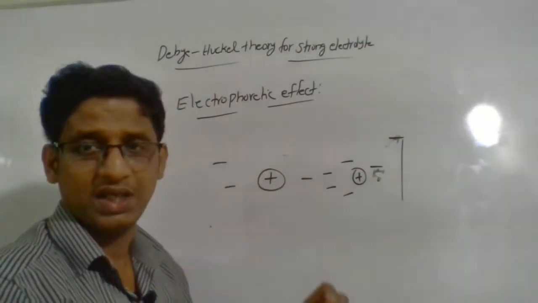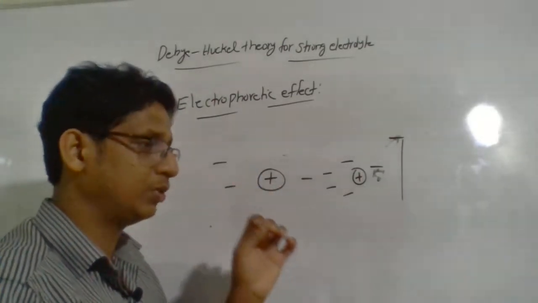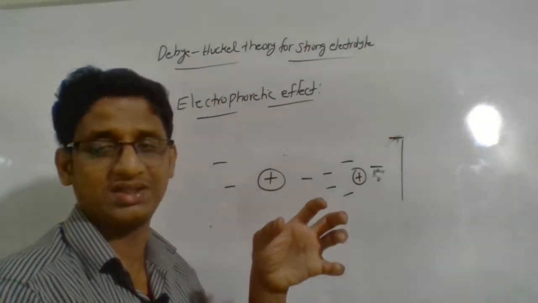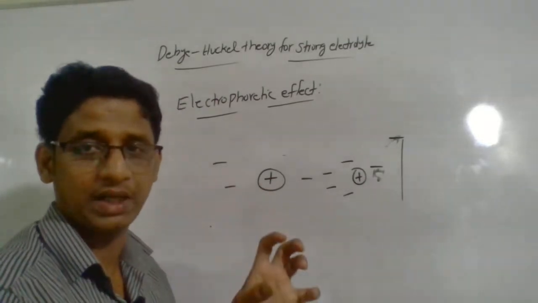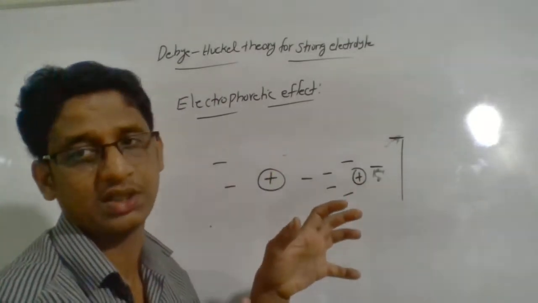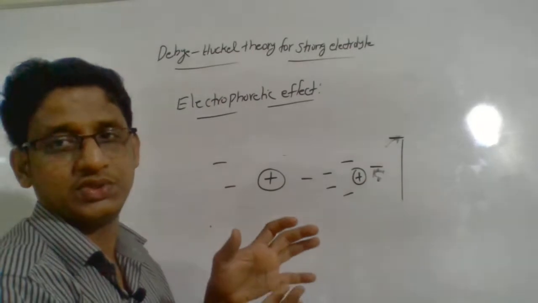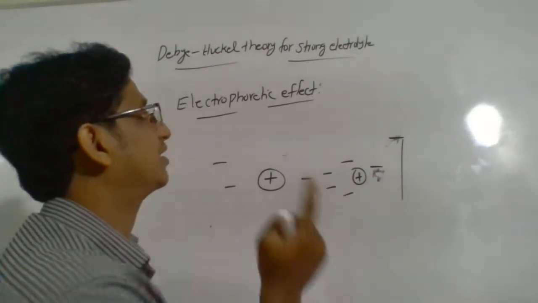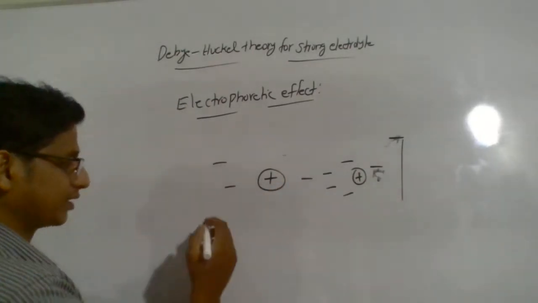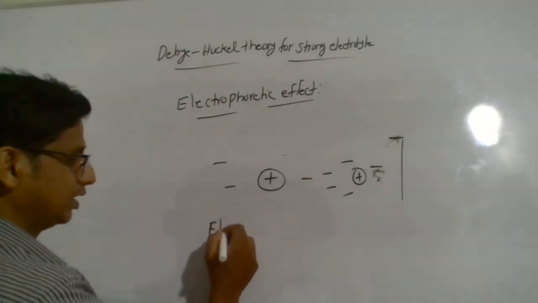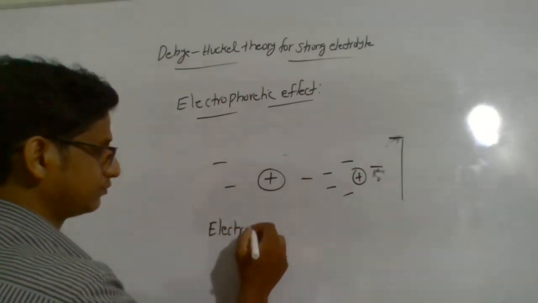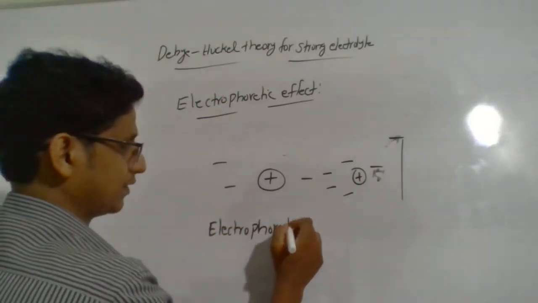So in a particular solution, the movement of one particular ion is retarded by the presence of oppositely charged ions in the solution. That dragging effect we call the electrophoretic effect.